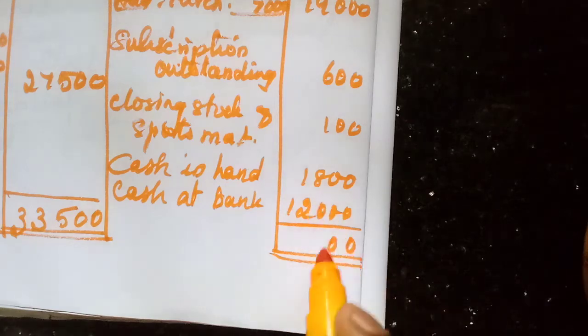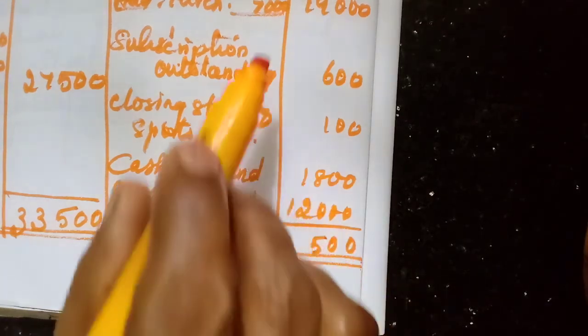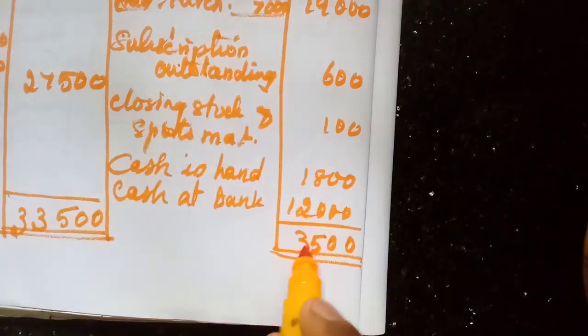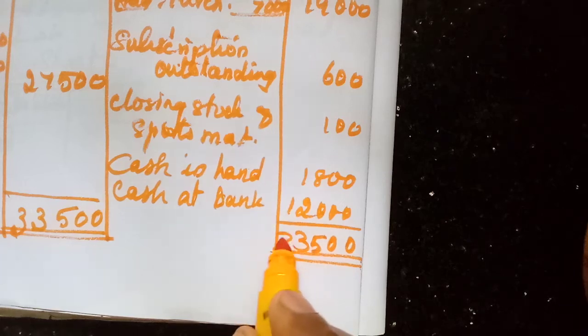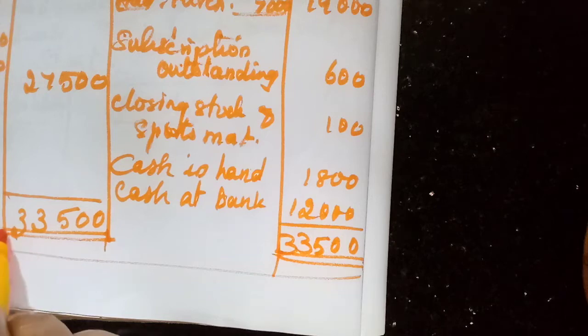Seven plus 8, 15. Balance 1, 3, 4. 4 plus 9, 13. Balance 1, 2, 3. So we have got the answer. Okay, that balance sheet is also over. Now we will see the next illustration.